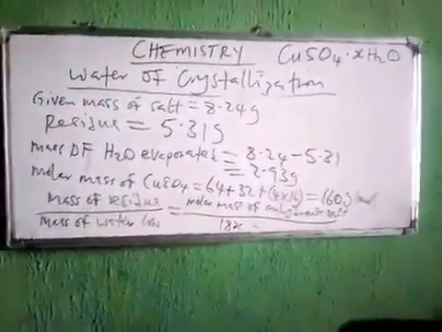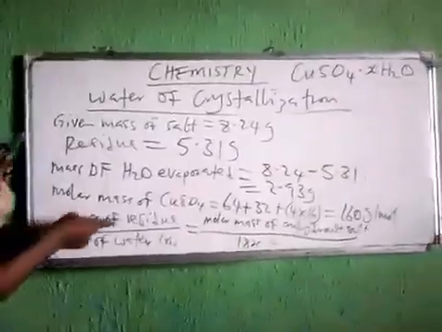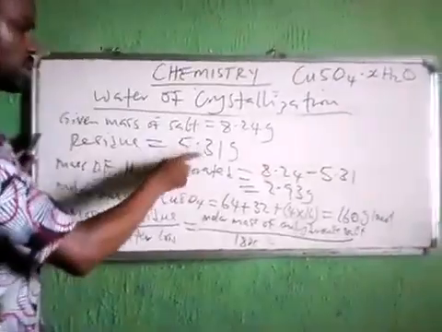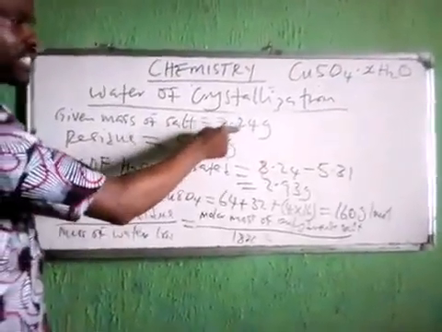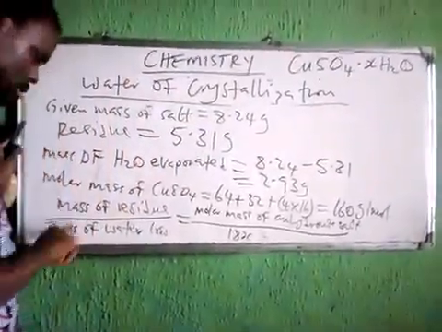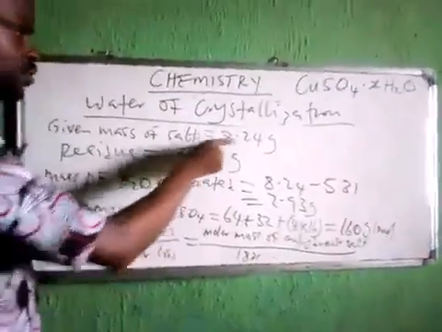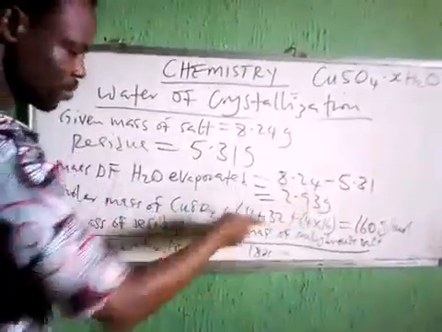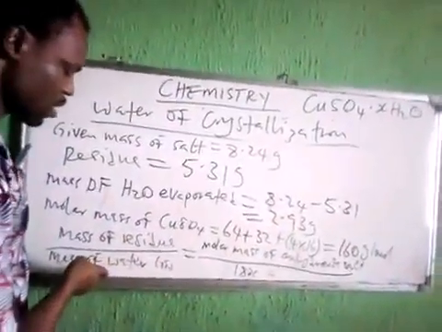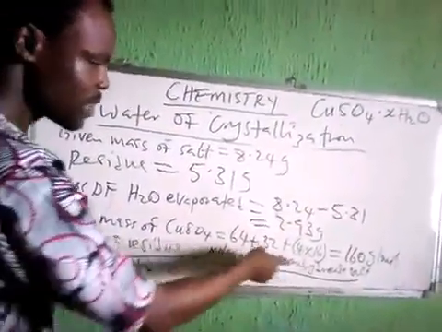It's very simple. The mass of residue is the mass that is gotten after heating. The mass of water lost is when you subtract the residue from this; whatever you have becomes the mass of water lost.